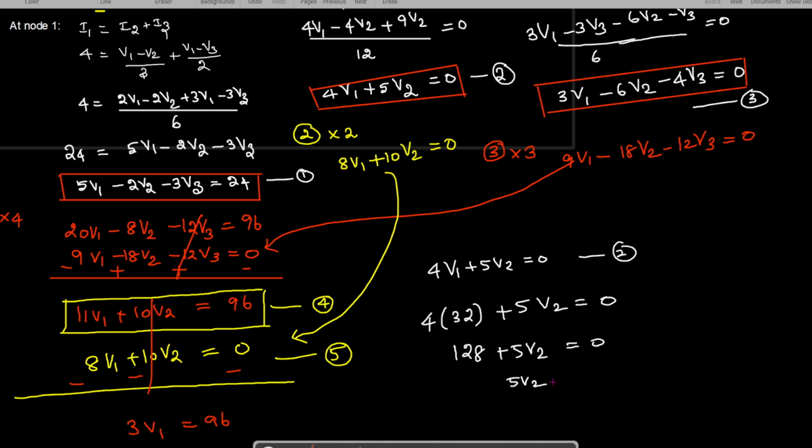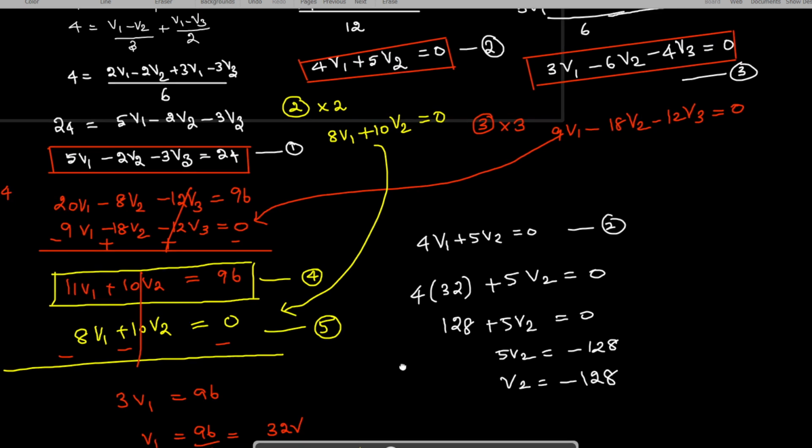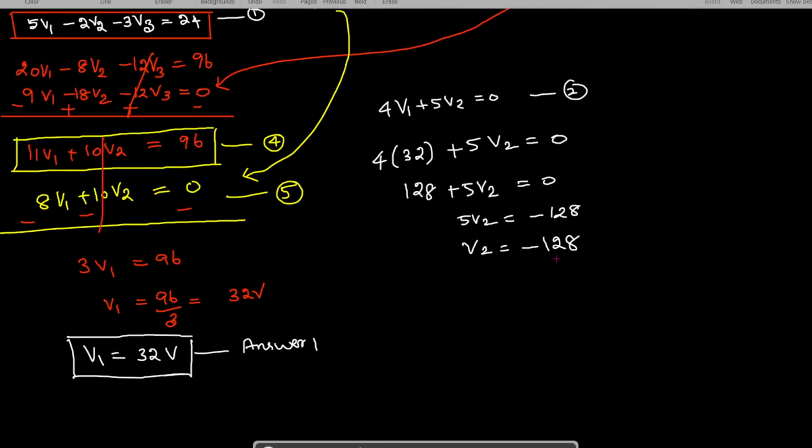So 5V2 is equal to minus 128. So V2 is equal to minus 128 divided by 5, that is equal to minus 25.6 volts. So we got the second answer now.